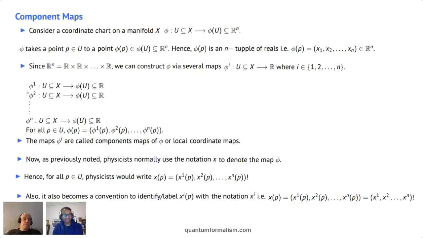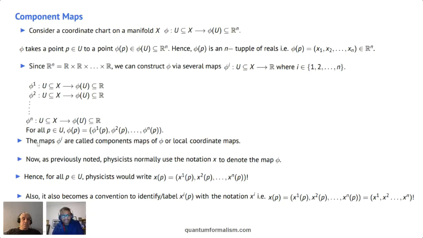So you would have phi^1, phi^2, up to phi^n for all p in U. This is what physicists think of, what's called component maps. Very often, the way to build a chart in a concrete way is to construct it via these component maps, which are real valued functions, because we know pretty well how to deal with functions that go to R, right?